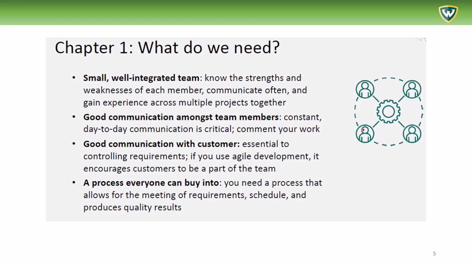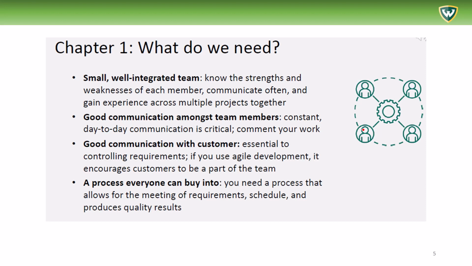So something about what we need for software development, and we can think of these as components or as principles as well. And note not just the technological, but also the social characteristics here. So well integrated teams. We need to know the strengths and weaknesses of each member.